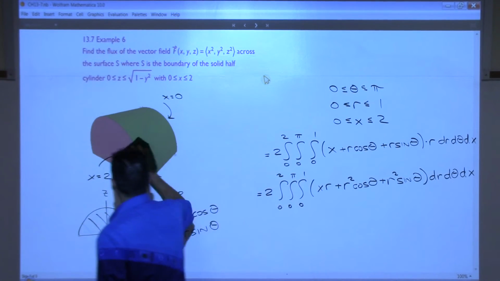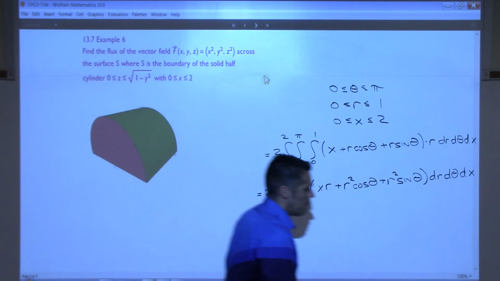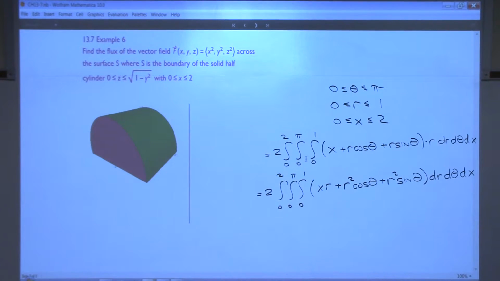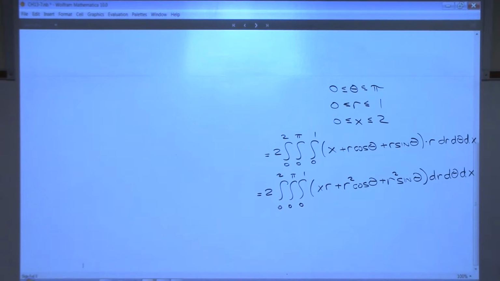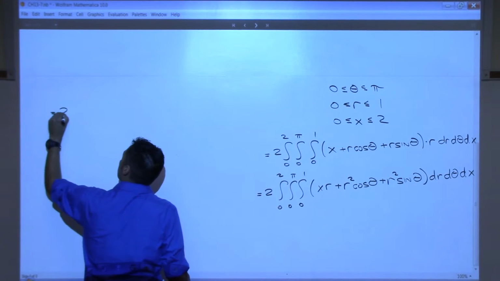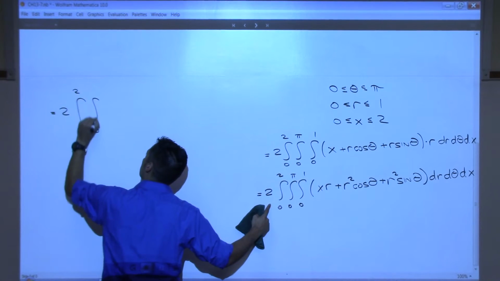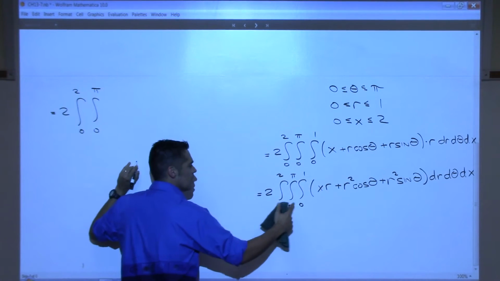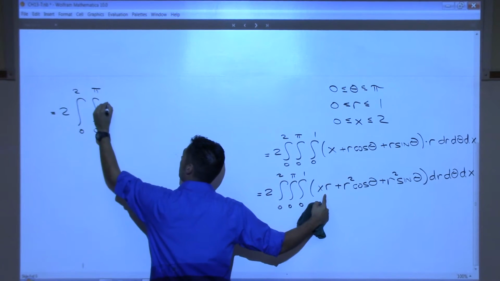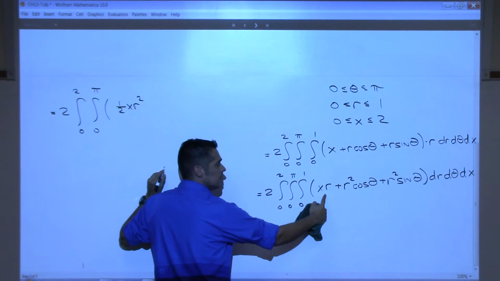I don't think I need this picture anymore. I need the space, though. Equal to 2 integral 0 to 2 integral 0 to pi. Okay, antiderivative of this with respect to r is 1/2 x r squared.